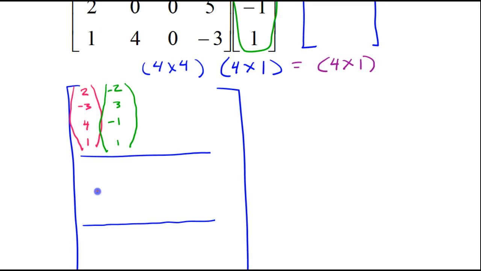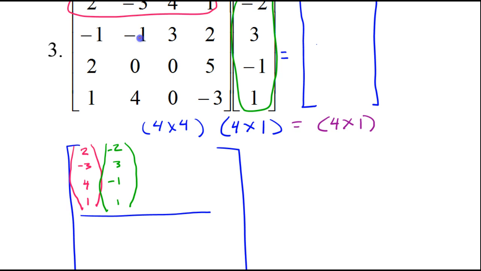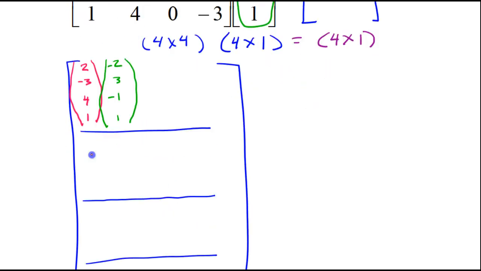So my next element is row 2, column 1. So row 2 is -1, -1, 3, 2. So this is row 2. Column 1 has not changed. So we're just going to wind up using the same column 1 over and over again.